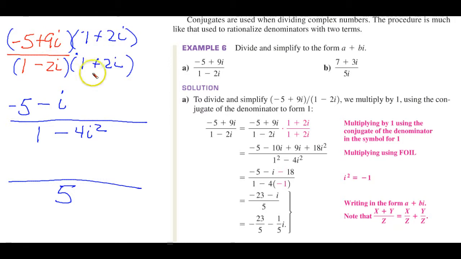I'm doing that mentally, and this gives me a positive 18i squared. But what is i squared? i squared is a negative 1, so this is going to become a negative 18.